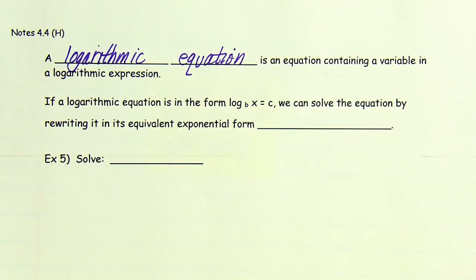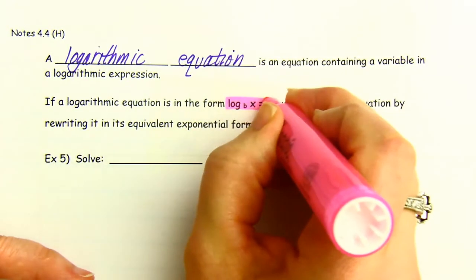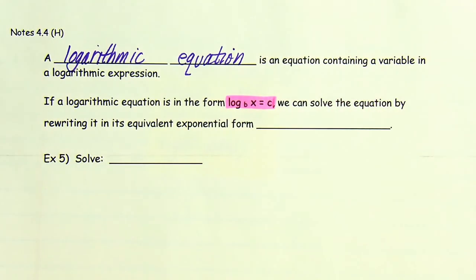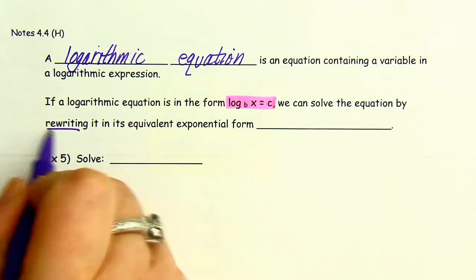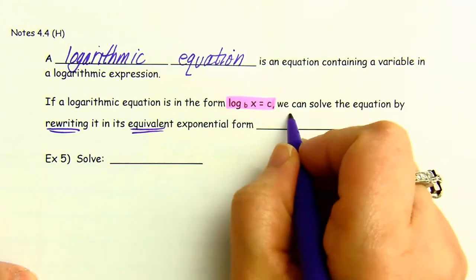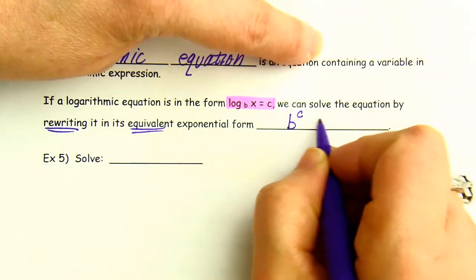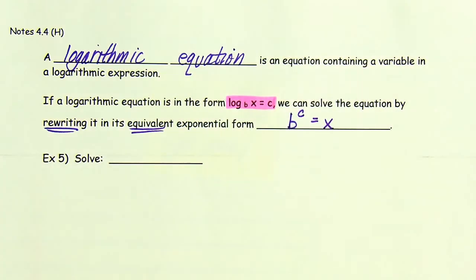If a logarithmic equation is in the form log base b of x equals c, we can solve the equation by rewriting it in its equivalent exponential form. B, right, b to the c equals x.